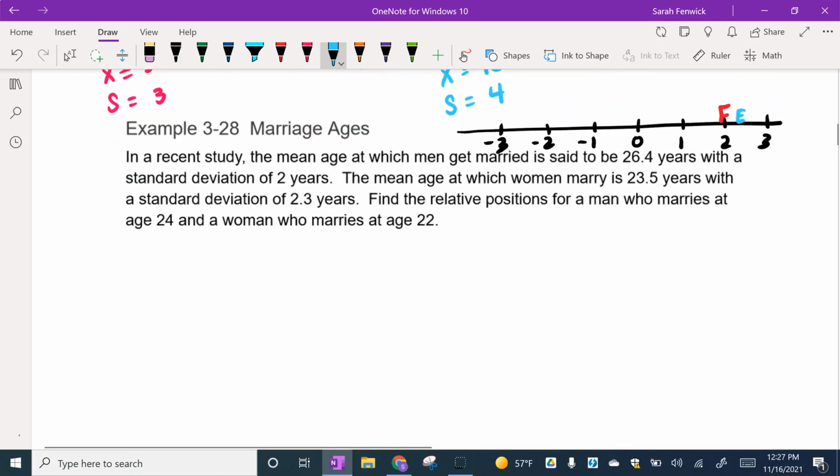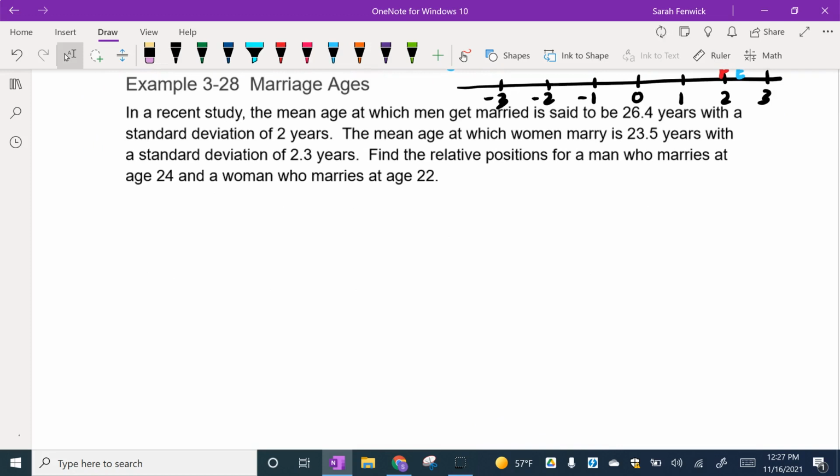All right, one more. Let's do this one. I recommend highly that you pause and figure this one out, and then we talk about it. I'm going to go ahead and set this up. Men versus women. The fight for the ages, right? But in this one, we're saying that the mean age at which men get married in a recent study is said to be 26.4 years.